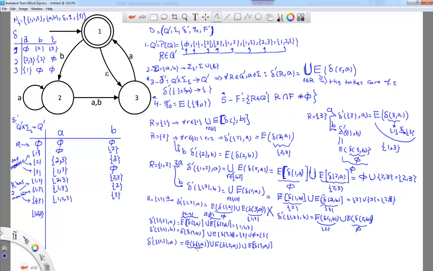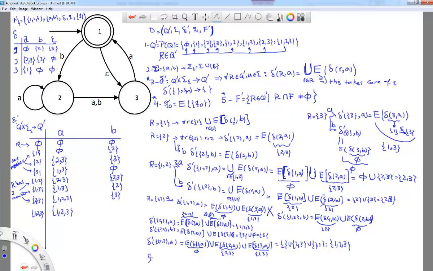So set 1 and A is phi, this set 2 and A is 2 and 3, and the last set here 3 and A is 1 and 3. And therefore this is going to be union of phi with 2, 3 with 1, 3, which is going to be set 1, 2, 3. So this set is going to be 1, 2, 3.